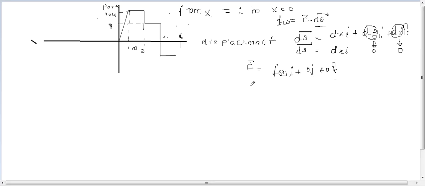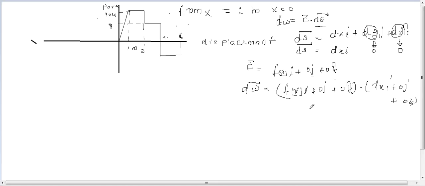So dW will simply become, you have to think it in your mind, Fx i plus 0 j plus 0 k dot product dx i plus 0 j plus 0 k. And this dot product will become Fx dx. We have to keep limits, so displacement is taking place from x is equal to 0 to x is equal to 6, so 0 to 6.